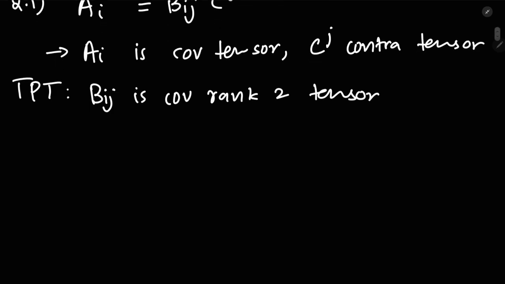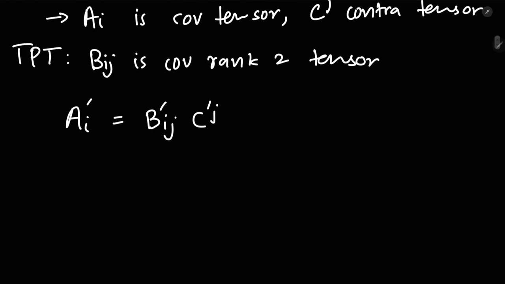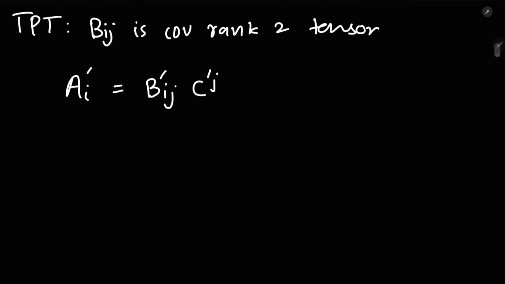I'll start with this equation in another set of coordinates. So Ai prime is equal to Bij prime Cj prime. Now since it is given that Ai and Cj are tensors, we know how they transform. So let's write down the tensor transformation of them. So this transforms covariantly with respect to i.